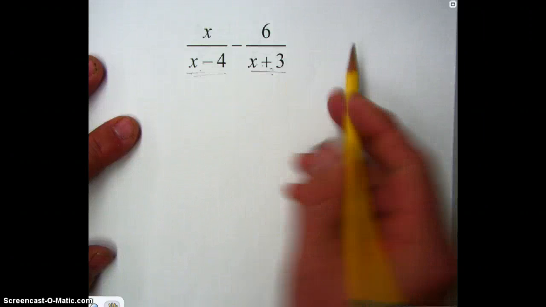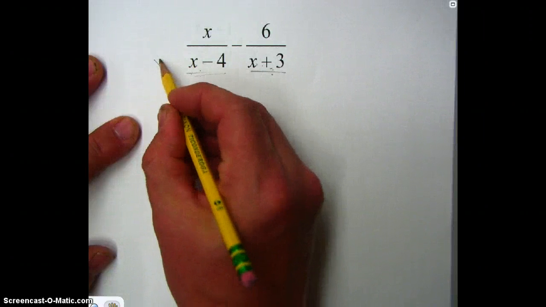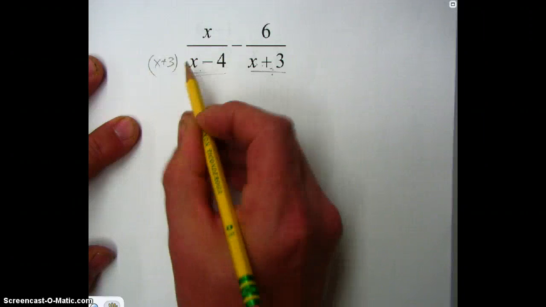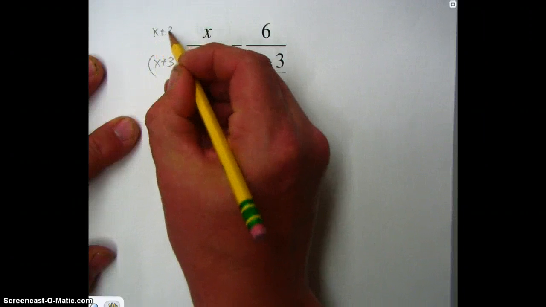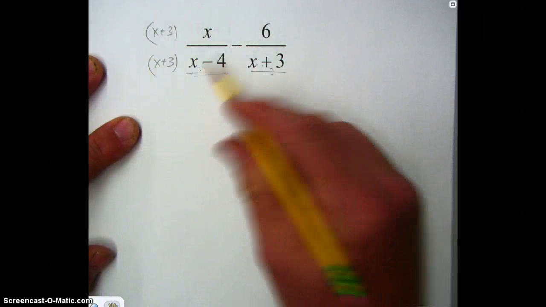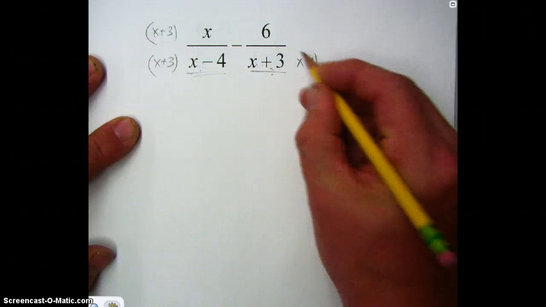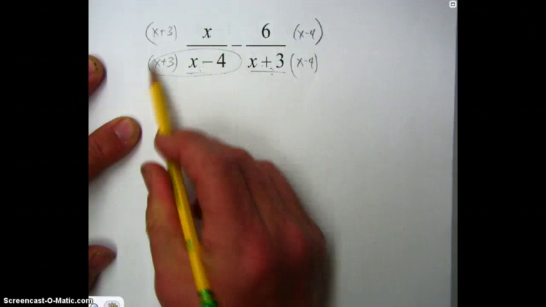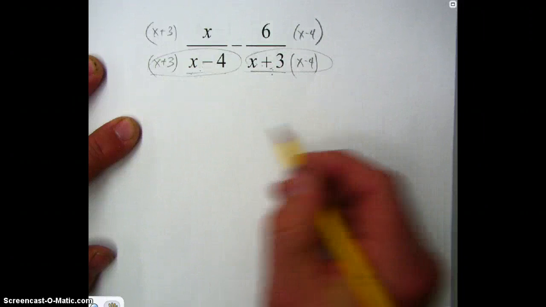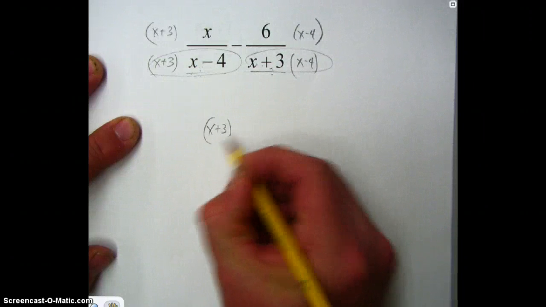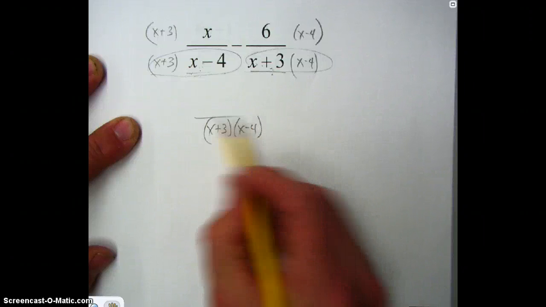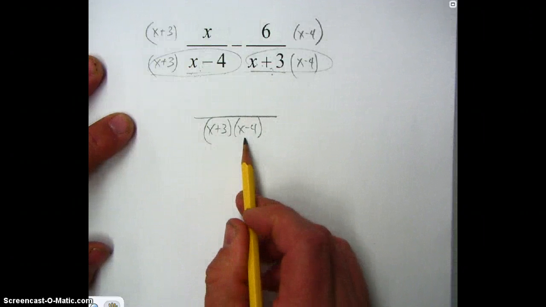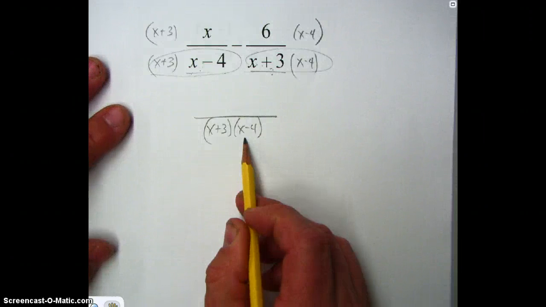In order to do that, I must multiply this side by x plus 3, and what I do to the bottom, I do to the top. Over here, I need to multiply this by x minus 4, and I do the same thing with the top. So my common denominator is x plus 3 times x minus 4, and it's already factored.